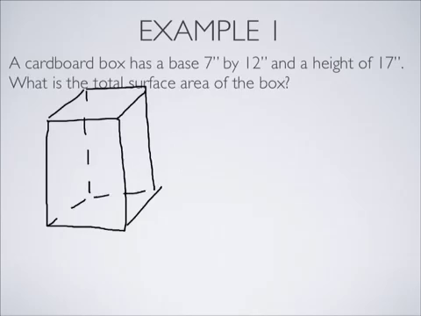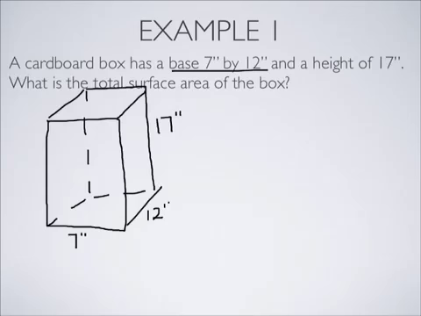Okay. And the base of the box is 7 inches by 12 inches. So that means this here is 7 inches, this is 12 inches. So the bottom of the box is 7 by 12. And then the height of the box is 17 inches. And I want the total surface area of the box.